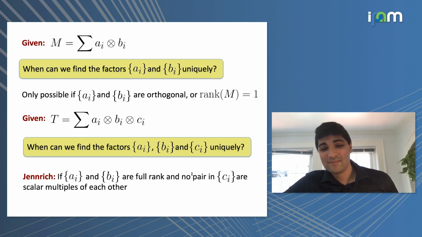I have actually several questions. First of all, what happens if you think you have a tensor of rank R, but it has higher rank and you attempt to do this algorithm? So that depends. That's a very interesting question.